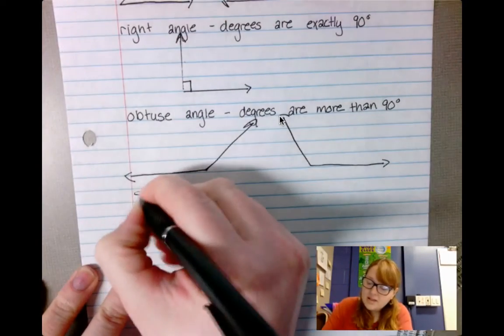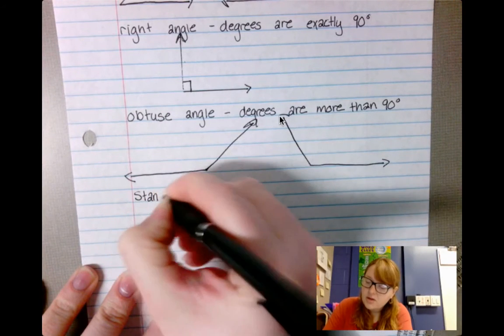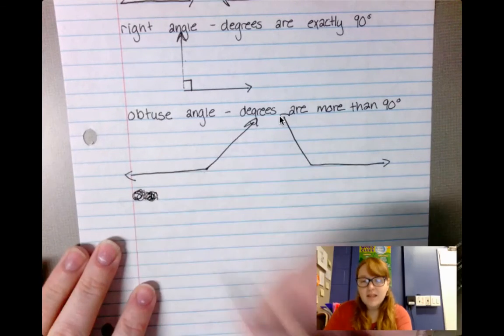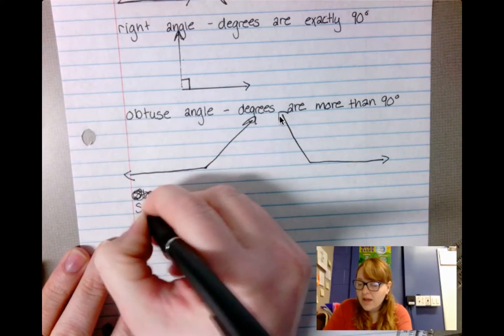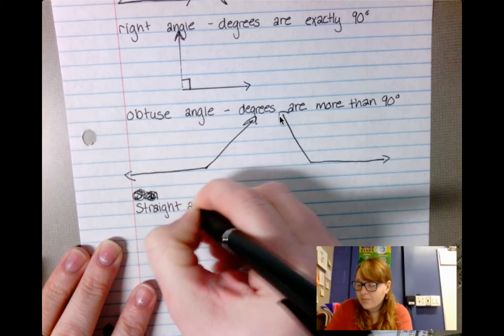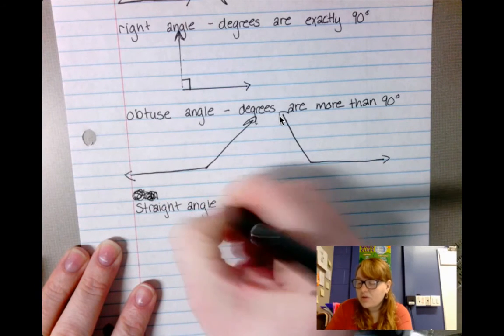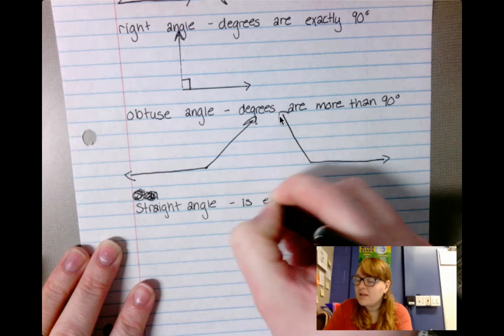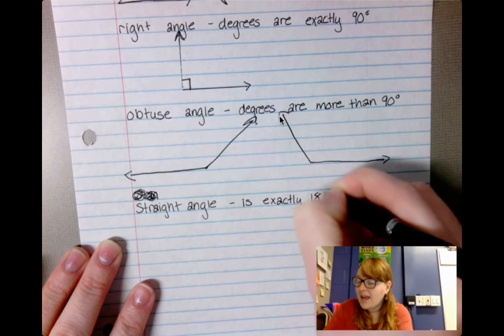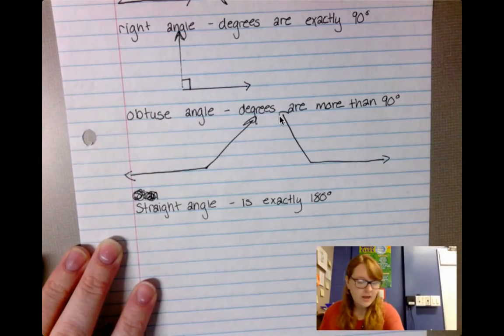The last type of angle is called a straight angle. And a straight angle is exactly 180 degrees. Okay?